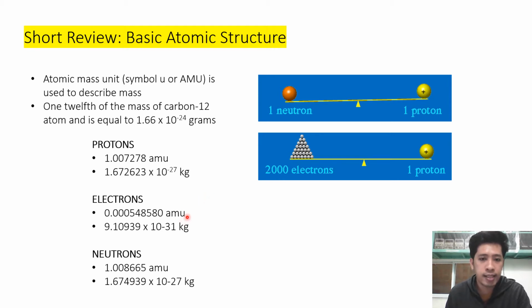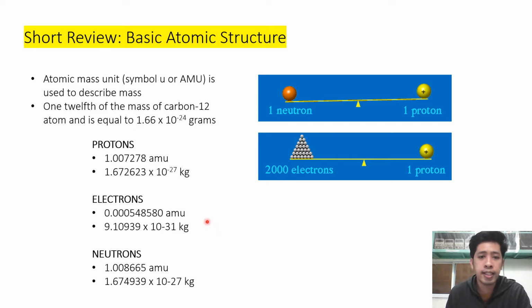It has a mass in kilograms of 9.10939 times 10 to the negative 31 kilograms. The neutron has a mass of 1.0086665 amu, or 1.674939 times 10 to the negative 27 kilograms.